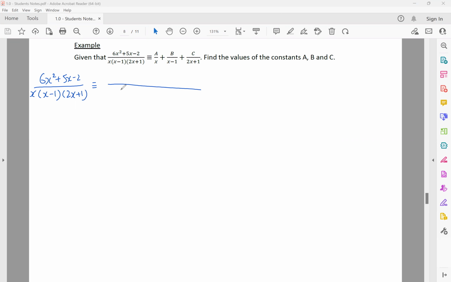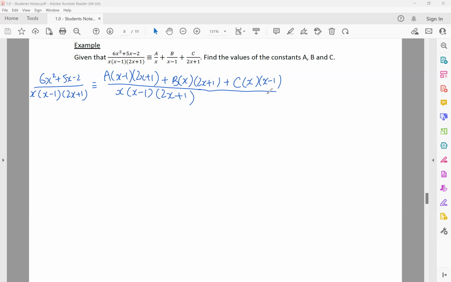The denominator will be x times x minus 1 times 2x plus 1. Now for the numerator, the first fraction needs an x minus 1 and 2x plus 1. The second fraction needs an x and 2x plus 1. And the last fraction needs an x and an x minus 1.